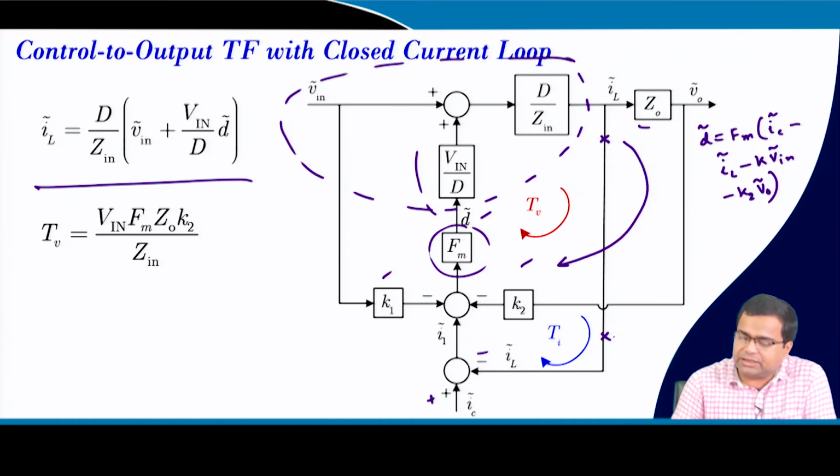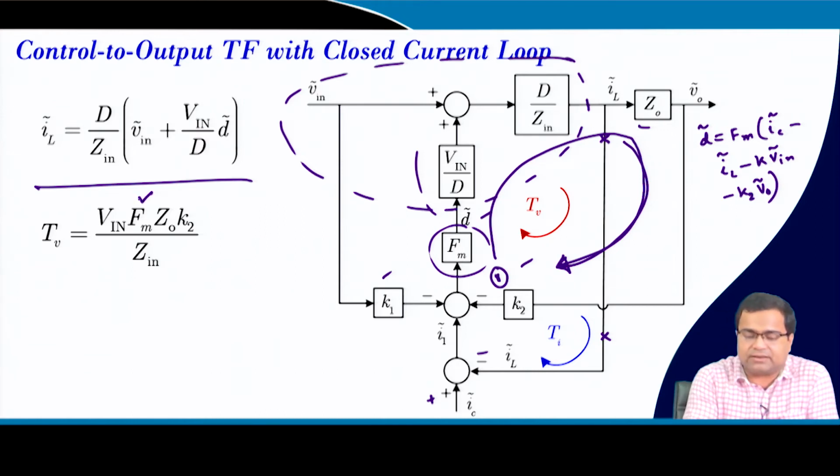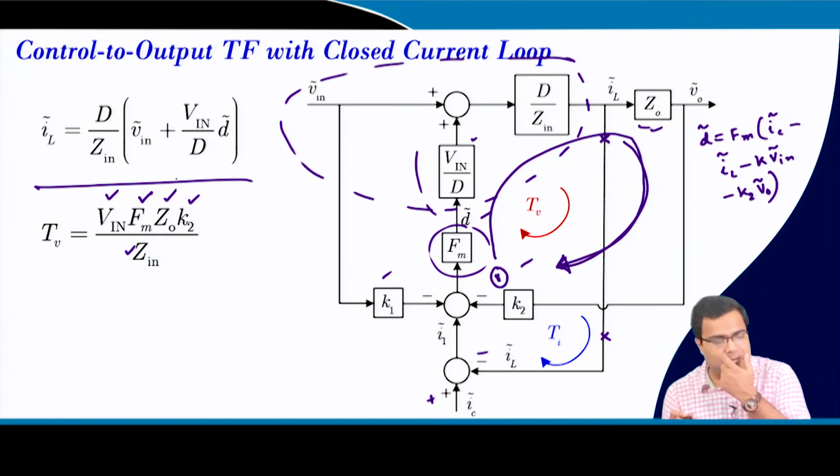If you start from the number 1 and move along this path and come back, then it starts with Fm, V in by D, then V in by D into Zn. So, D gets cancelled. So, Zn is there, V in is there, then K2 is there, and here Z0 is there. It is a voltage loop, right. So, this is clear. So, voltage loop gain is clear.